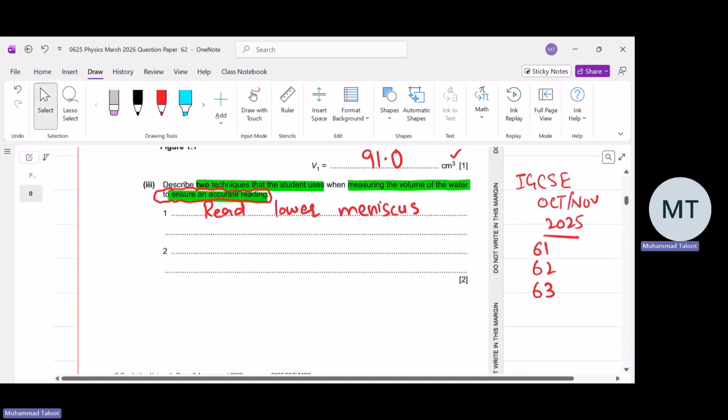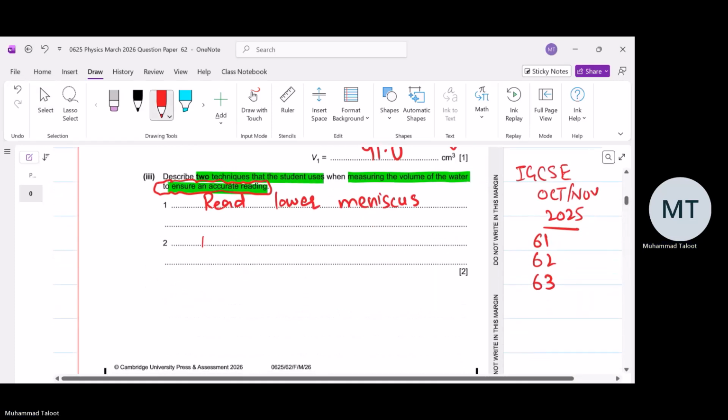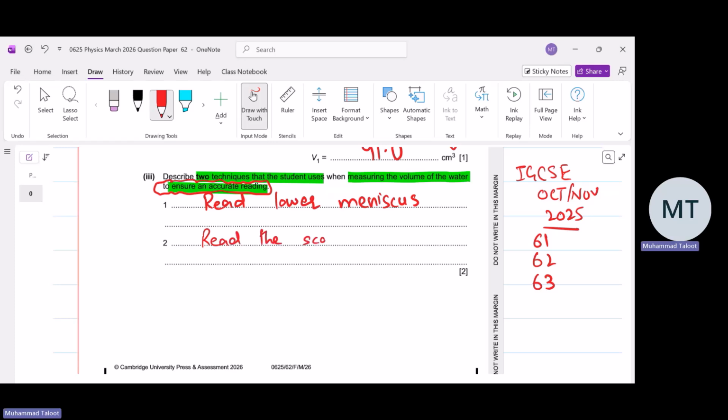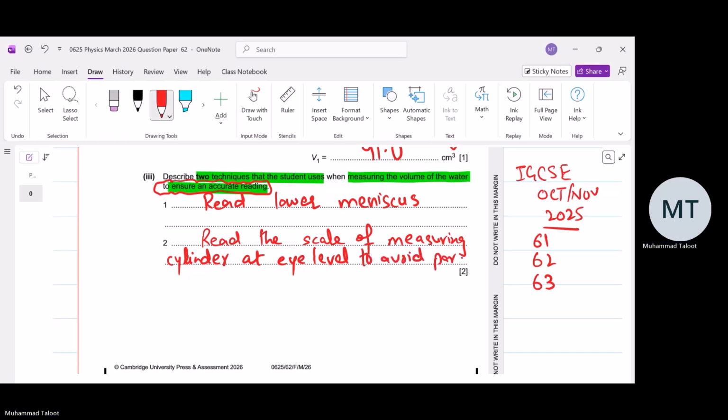So I will be writing here: record, or you can say read, it is better to write read the scale of the measuring cylinder at eye level. Why? To avoid parallax error. So you can add this point.